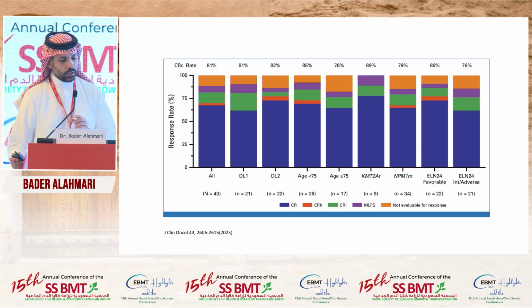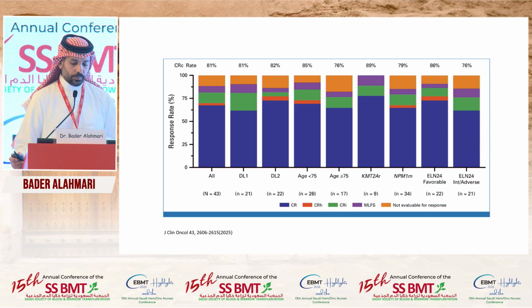The overall response rate, or composite CR, is around 81%, which is a little bit higher than what we see with the standard AZA venetoclax alone. And responses were seen across different patient populations.